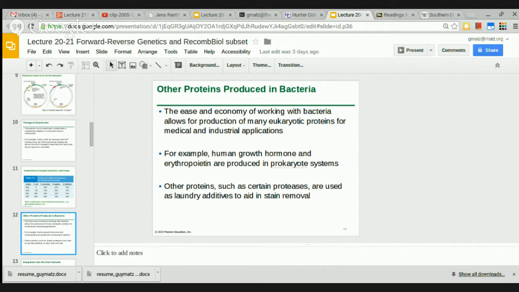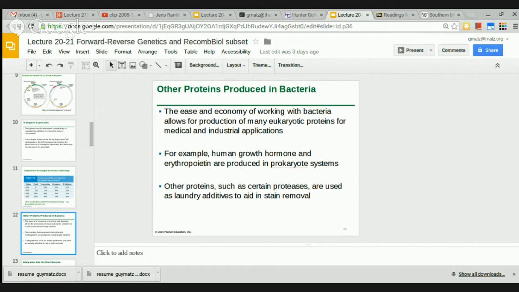You can just spin the cells down and have liters worth of this protein. And in fact, that has been used. Many of the things we use in medicine and other industrial applications involve genes that have been put into bacteria and expressed in an expression vector so that we can make a whole lot of it, like human growth hormone.